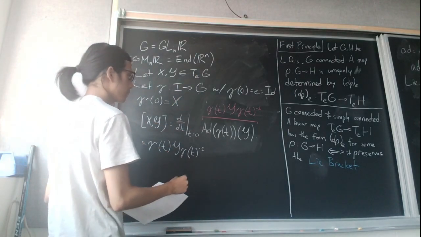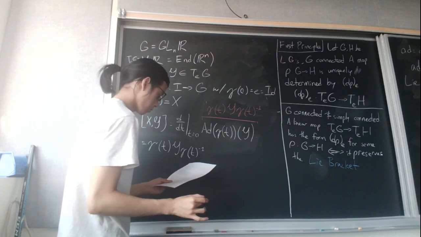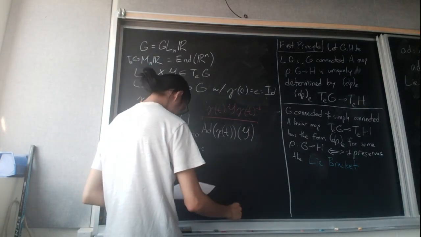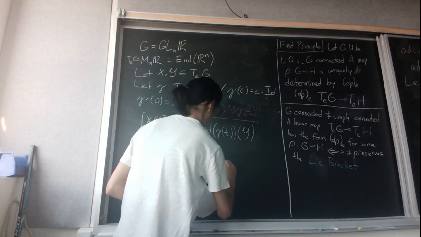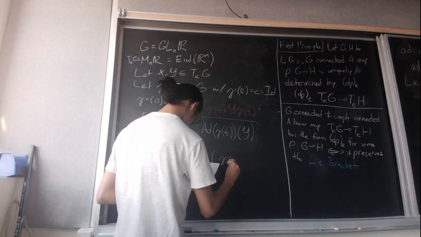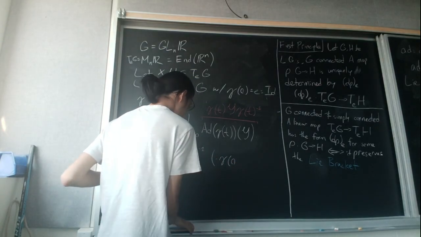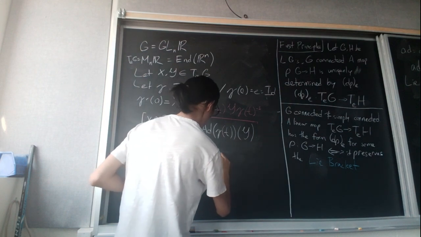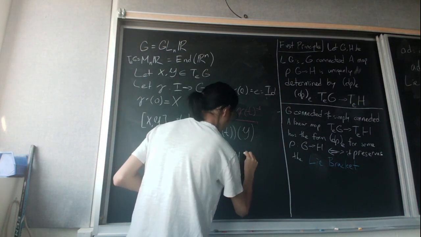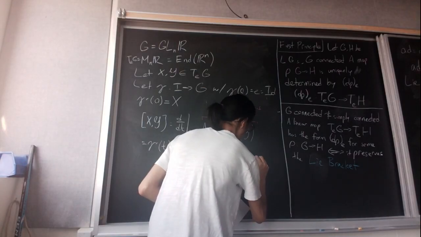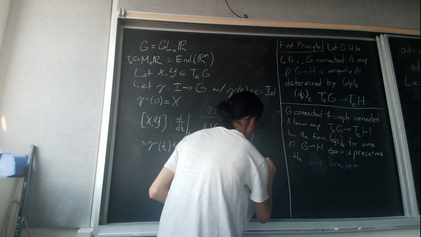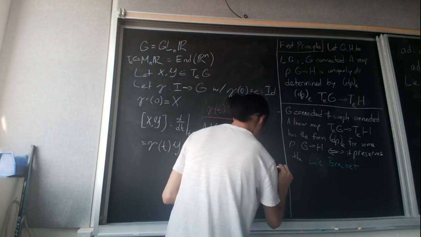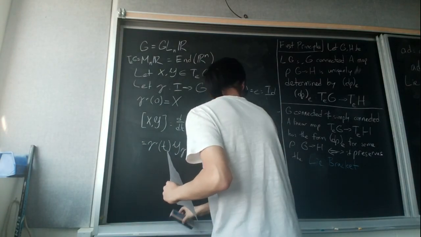Taking the derivative of gamma(t) inverse: I can go through it if we want to, but it happens to be negative gamma(0) inverse times gamma prime(0) times gamma(0) inverse. Because we chose x and we're choosing the path gamma to be along x, taking a derivative with respect to t is just taking a derivative in the x direction.